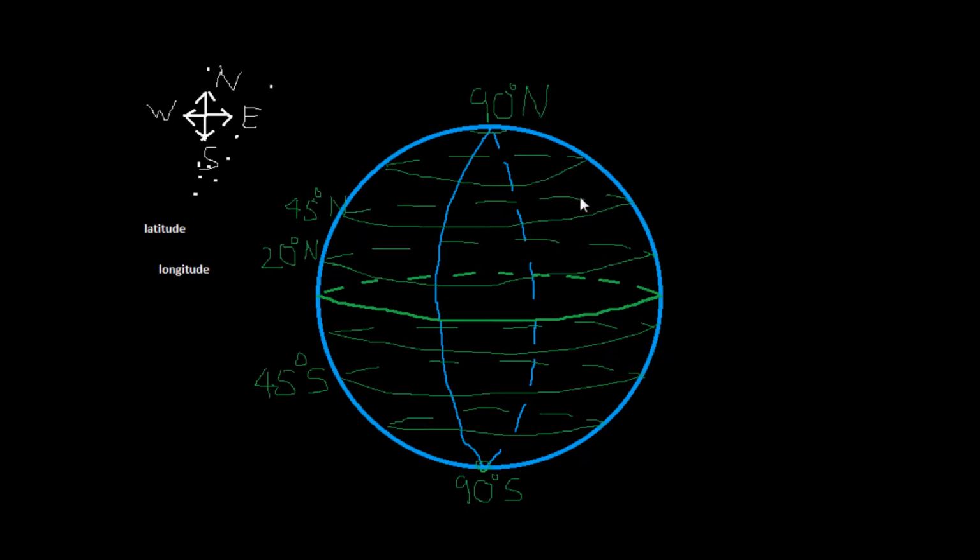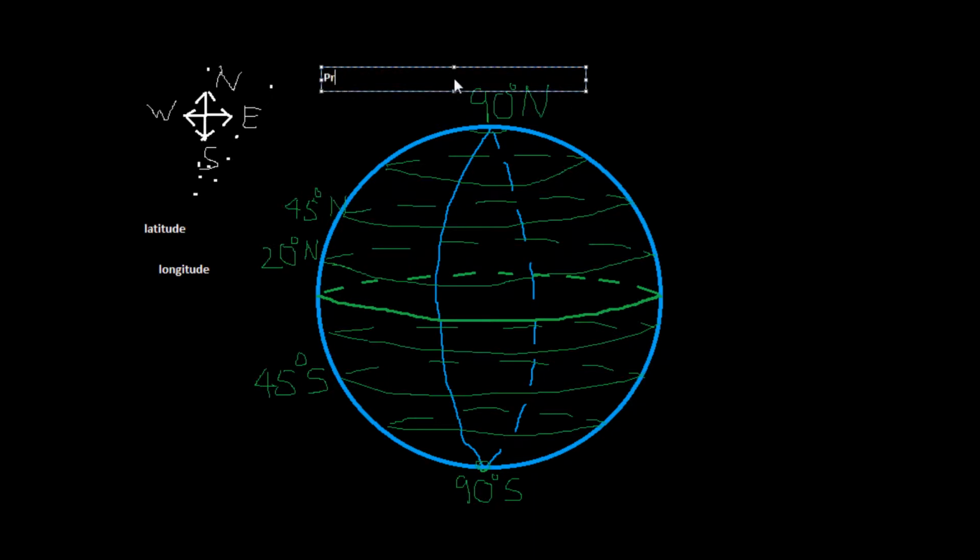Now, if all the points on this line are at 45 degrees north, that's not enough to tell me where certain places are. I also need to know how far the point I'm looking for is from what we call the prime meridian. I'm going to write down prime meridian here so that we remember that word.